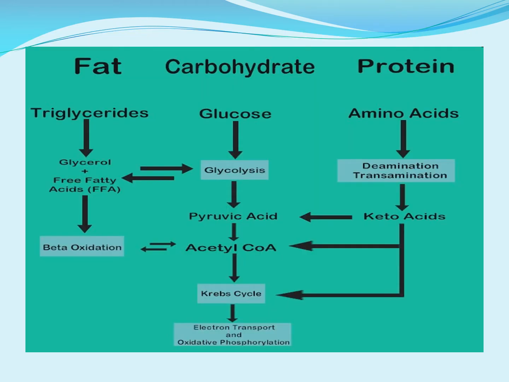As we see, foodstuff from fat, carbohydrates, and proteins undergo degradation by our metabolic system, and by this process of degradation, we are generating macroenergetic molecules. The bulk of the generation of macroenergetic molecules takes place at mitochondria.